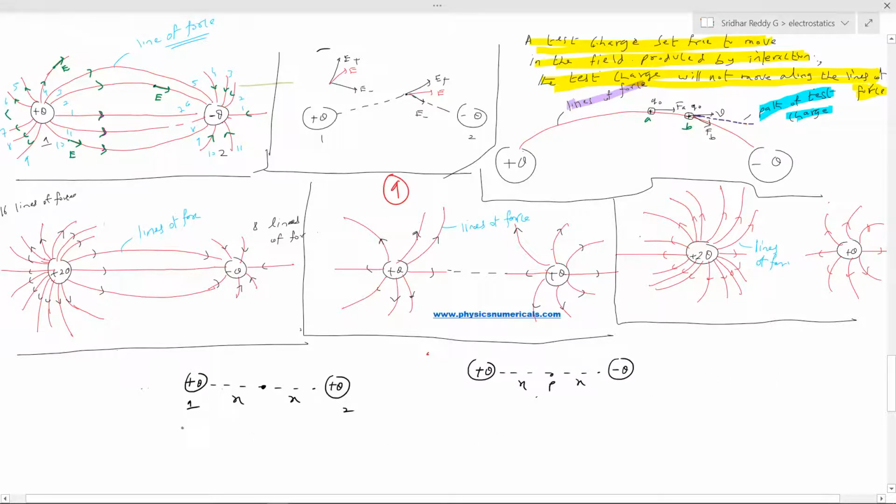Next case. Plus 2q charge, plus q charge. Similarly, plus 2q charge.